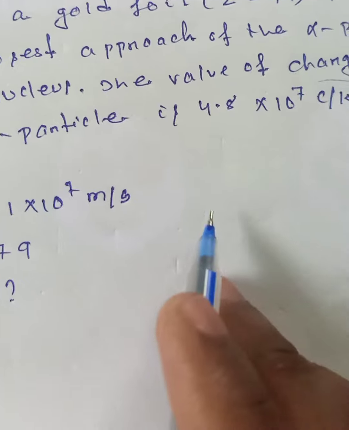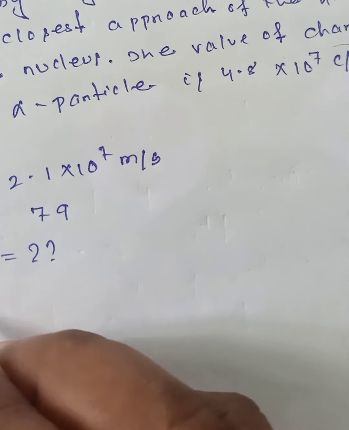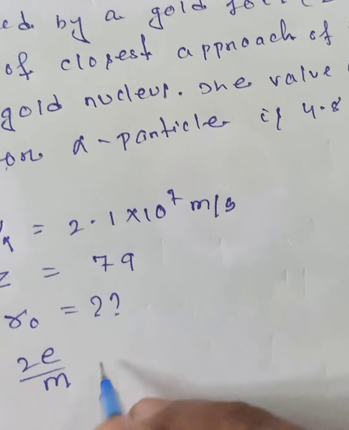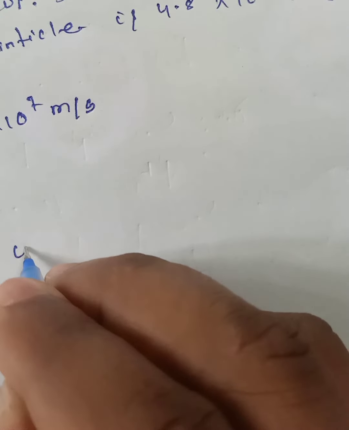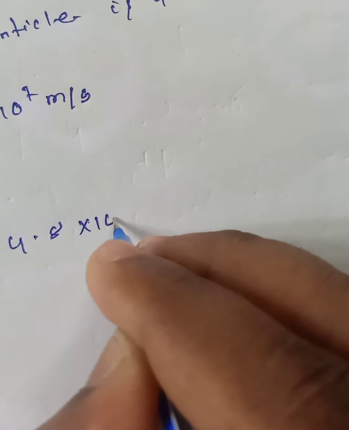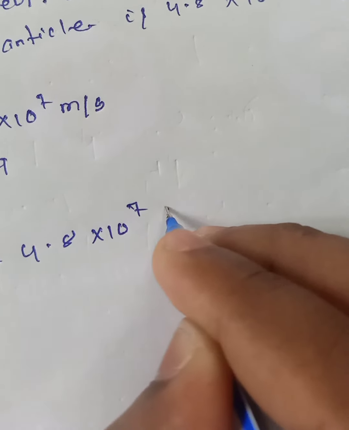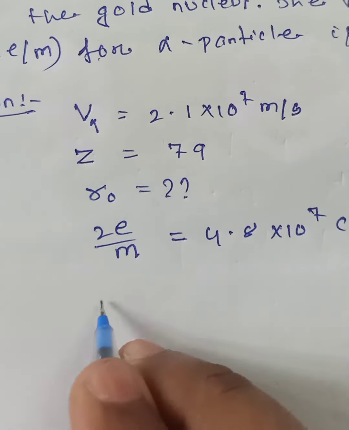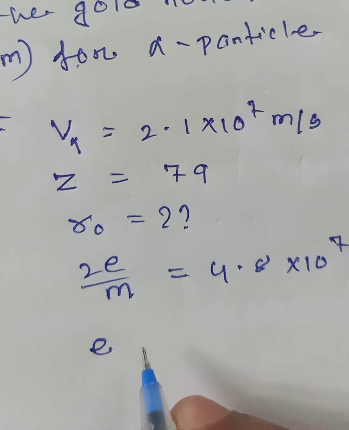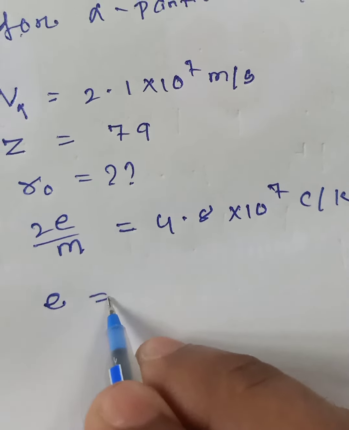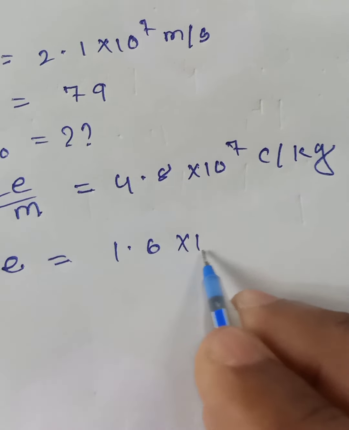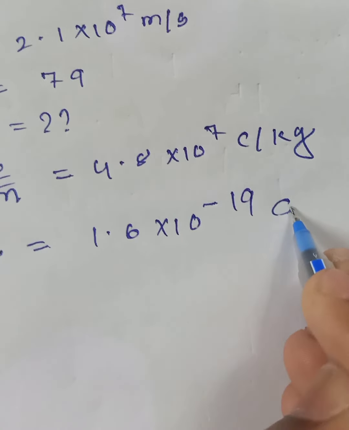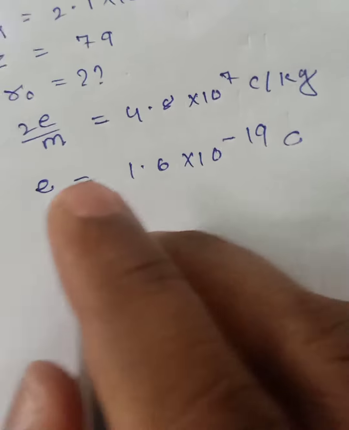So the value of charge by mass equal to 4.8 × 10^7 coulomb per kg. E is equal to the charge of an electron, 1.6 × 10^-19 coulomb.